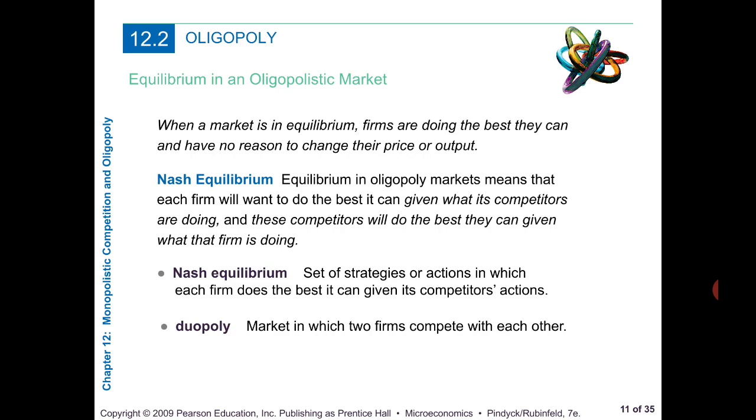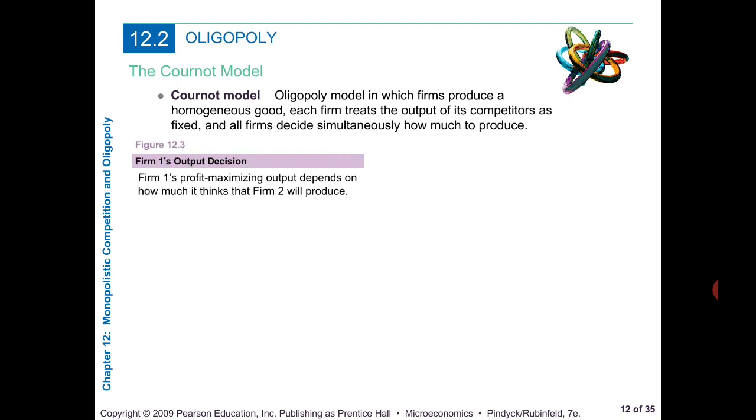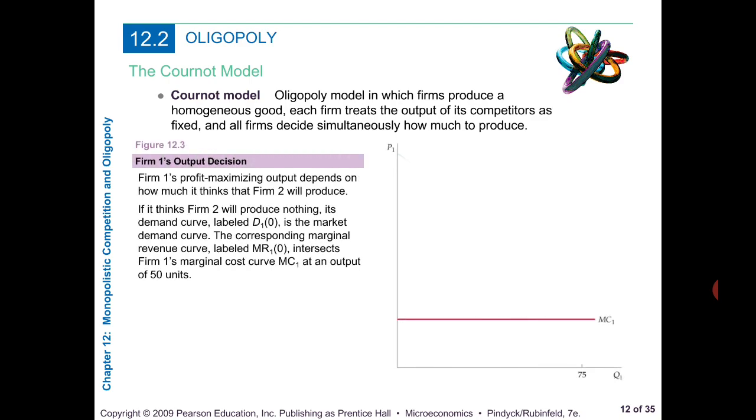So to illustrate this Nash equilibrium, we take the most simple type of oligopoly, which is duopoly, a market where 2 firms compete with each other. And we will show you through a couple of models. One is the Cournot Model. This is a duopoly model where firms produce homogeneous goods and they treat the output of their competitors as fixed, but they do not know the output of the competitors.